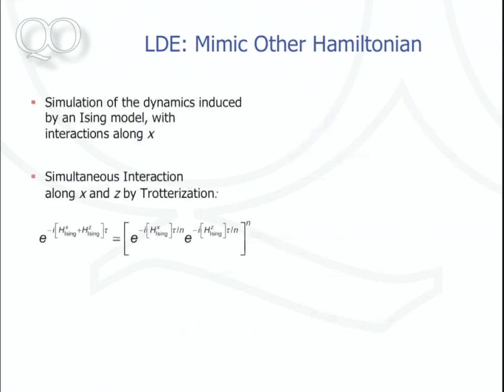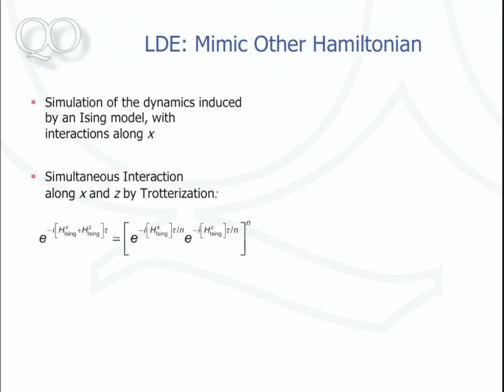Now we want to have z and x simultaneously. So this is the Hamiltonian that we're really interested in. Having x and z simultaneously, this is one example, can be achieved by the so-called trotterization.